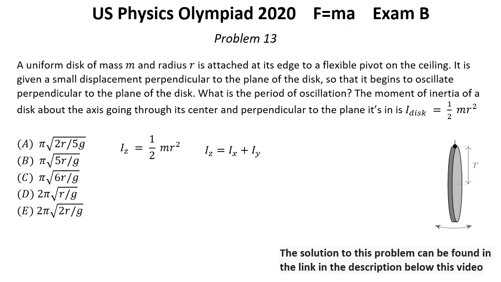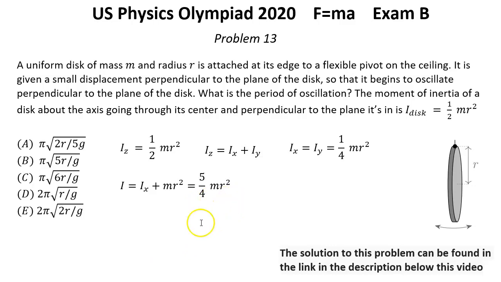And due to symmetry, Ix equal Iy equal 1/4 mr squared. Now, due to the parallel axis theorem, we have the moment of inertia of the disk through the edge of this disk, as in the picture, equal 5/4 mr squared.